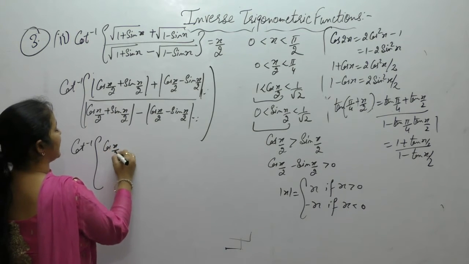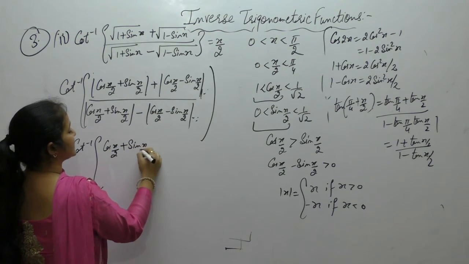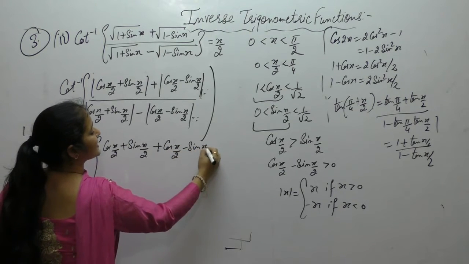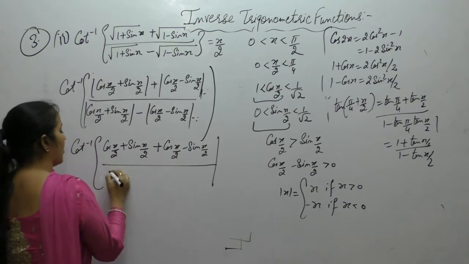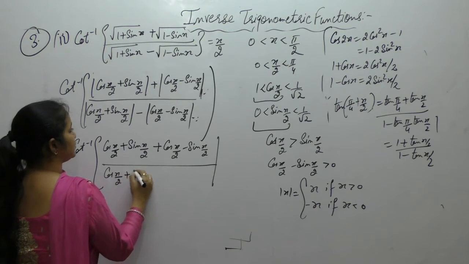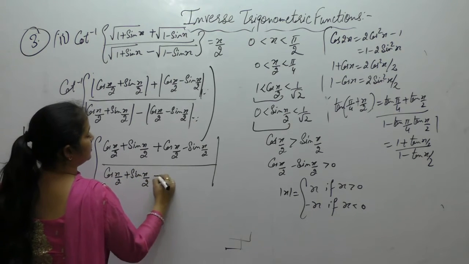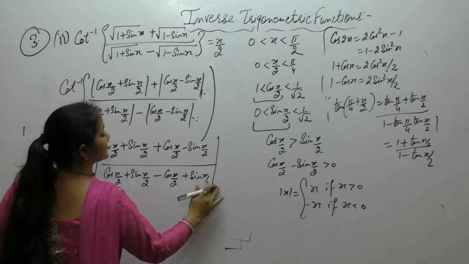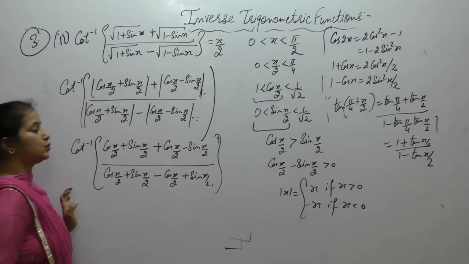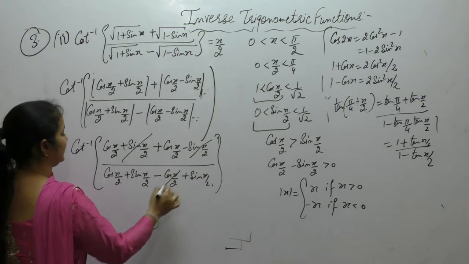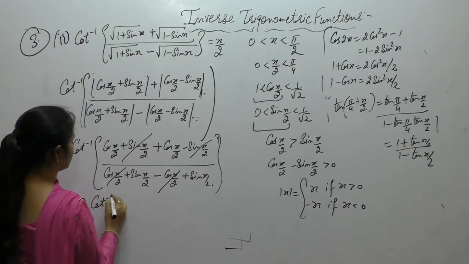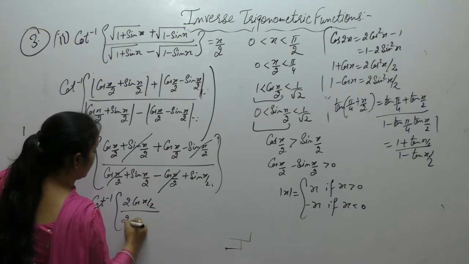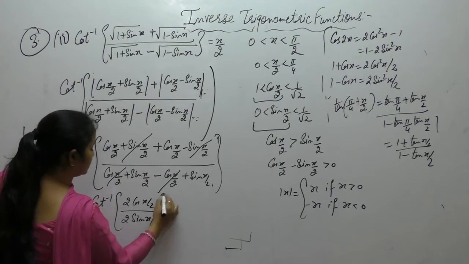So cos x by 2 plus sin x by 2 plus cos x by 2 minus sin x by 2 upon cos x by 2 plus sin x by 2 minus cos x by 2 plus sin x by 2. Here sin will get cancelled, here cos will get cancelled. So cot inverse of 2 cos x by 2 upon 2 sin x by 2.